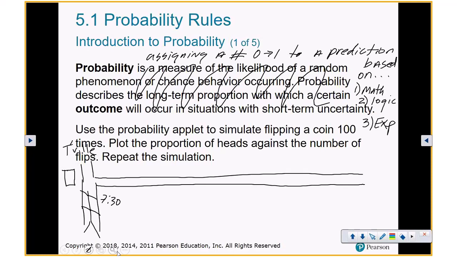And how fast do they go? 33 miles an hour.